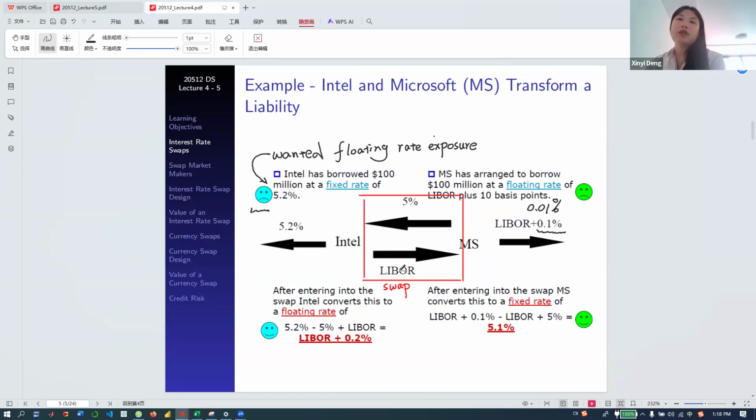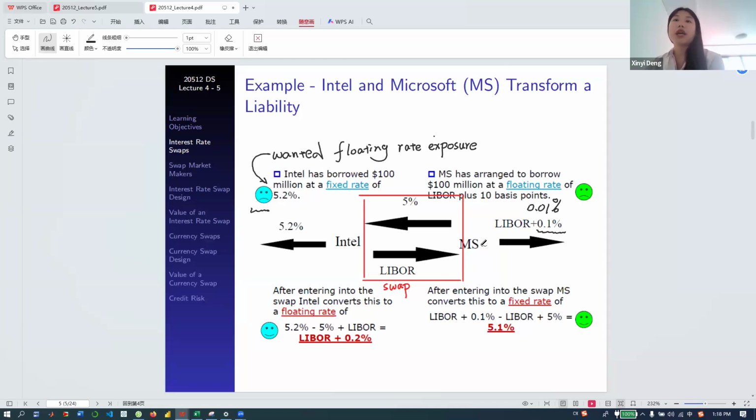And also, they are going to pay the LIBOR to Microsoft. Therefore, LIBOR is another cost, and therefore you add the LIBOR. And if you do the calculation, you'll find that after entering the swap, Intel's rate exposure now actually becomes floating. So it's LIBOR plus 0.2%.